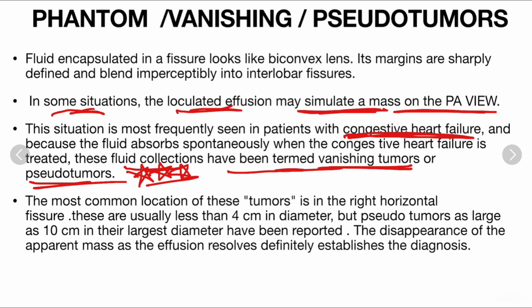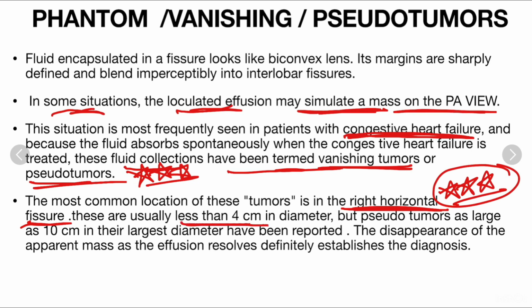The most common location of these tumors is the right horizontal fissure. This is the most common location of phantom tumors, vanishing tumors, or pseudo tumors. They are usually less than 4 centimeters in size in most cases, but pseudo tumors as large as 10 centimeters in their largest diameter have also been reported.